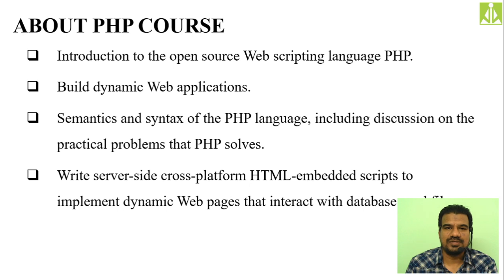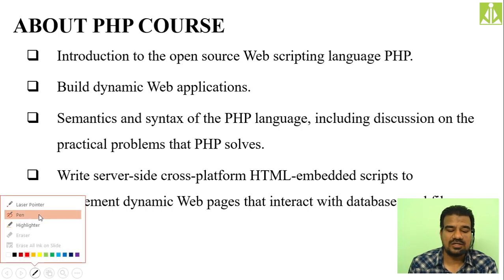No need to purchase a license, or get permission or a grant from a company. It is purely open source. So you can easily download it from the internet and start writing programs, writing scripts in PHP.